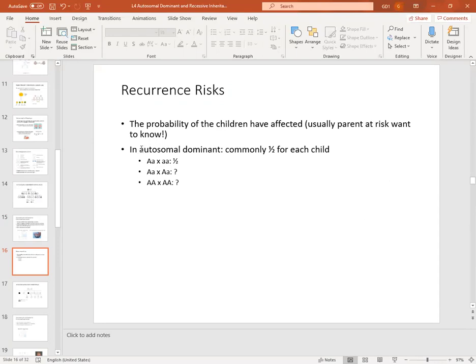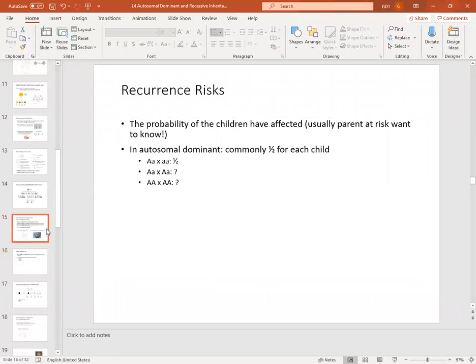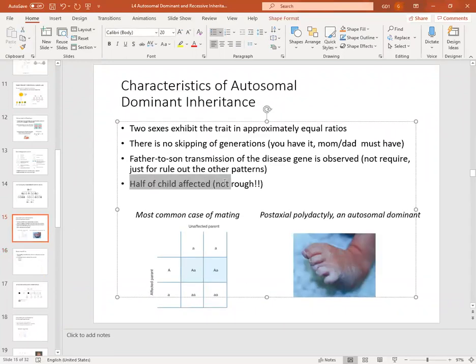So here we have autosomal dominant. Normally one half of the children will be affected. For example, my first child has a 50% chance of getting the disease, because this is dominant. If I am affected and my wife is also affected, the ratio will change, but that is very rare to happen.